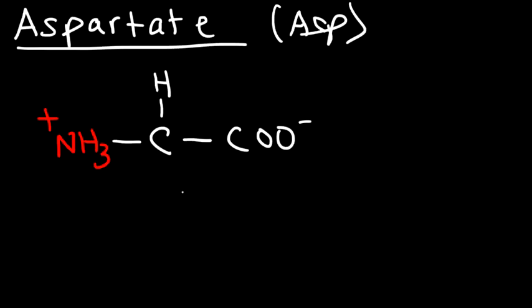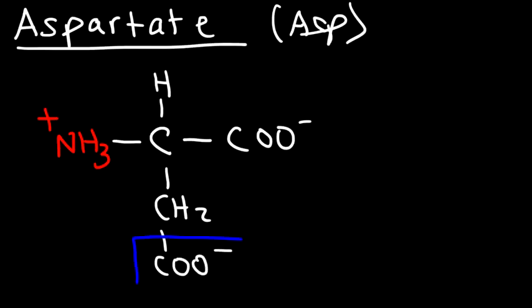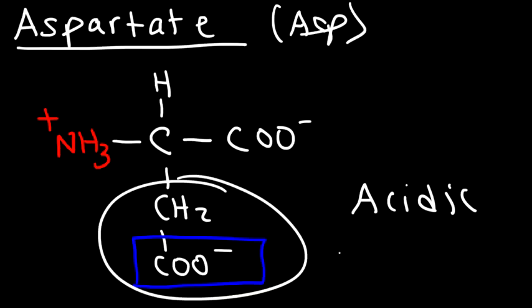So aspartate has a CH2 group and then another carboxylic acid functional group. So anytime you see this extra carboxylic acid functional group, you know you're dealing with an acidic amino acid. It's also a charged amino acid. It's electrically charged. So anytime there's a charge in the R group, it's also considered to be a charged amino acid.